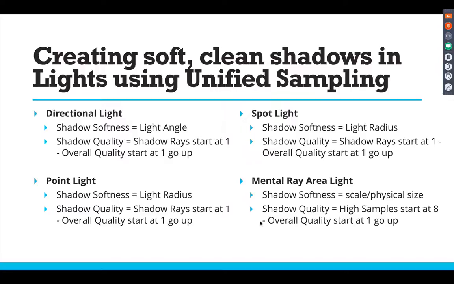Now the cleanup for shadows. How noisy or grainy those shadows are. In unified sampling, we're going to leave our shadow rays at 1. What we're going to do, crank up overall quality. It's the greatest lazy man's approach, or lazy person's approach to rendering.